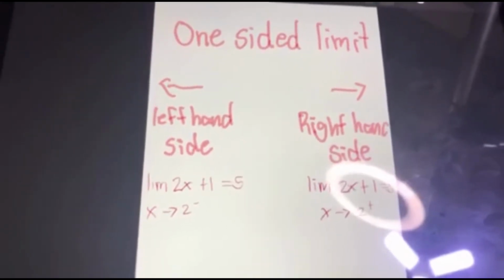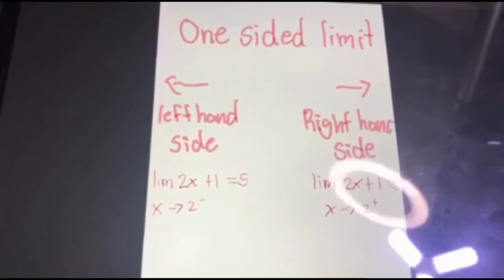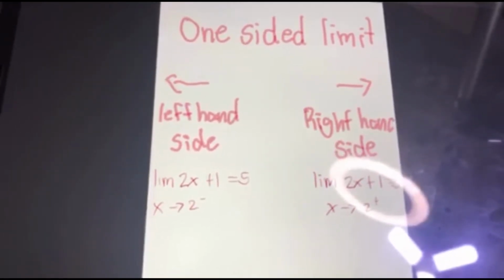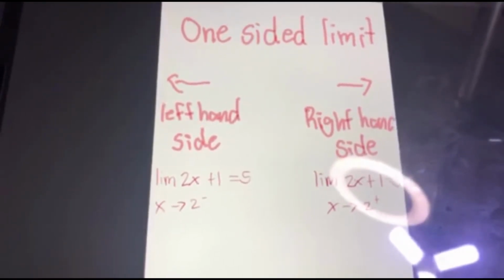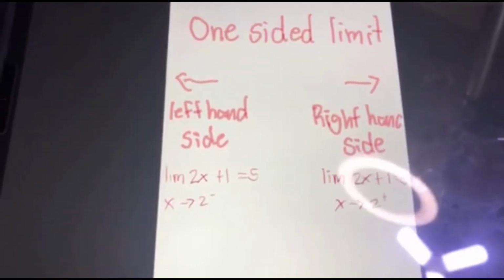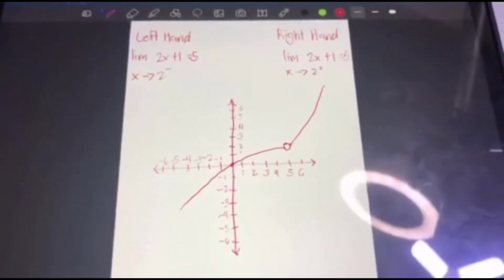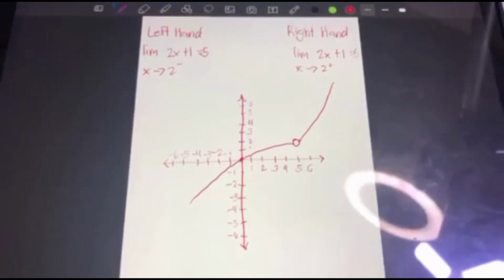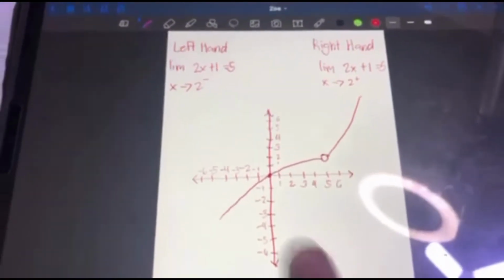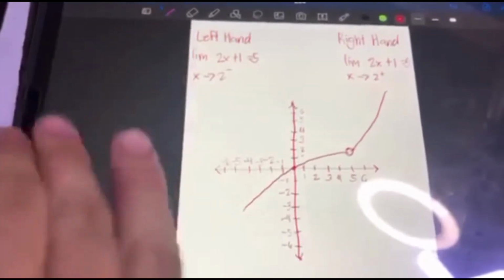On the left hand side, the limit of 2x plus 1 is equal to 5 as x approaches 2 from the negative side. And on the right hand side, the limit of 2x plus 1 is equal to 5 as x approaches 2 from the positive side. So now we need to graph the values that we get in our table. This is the table, and we have the left and right hand side, this is the left and this is the right.